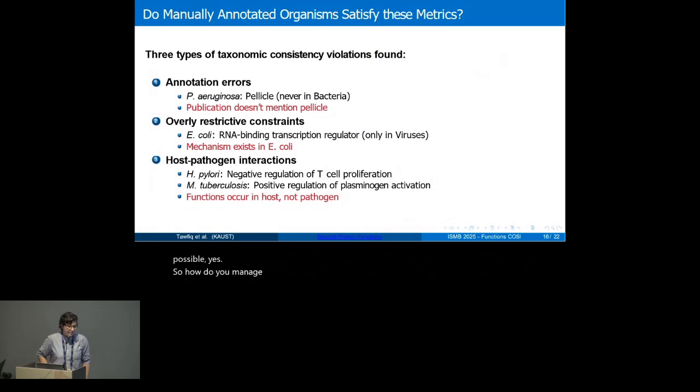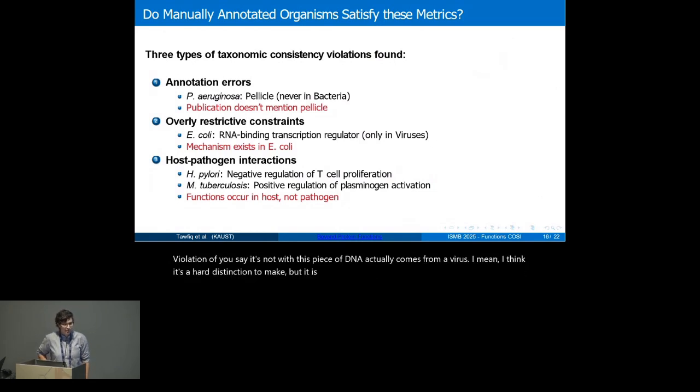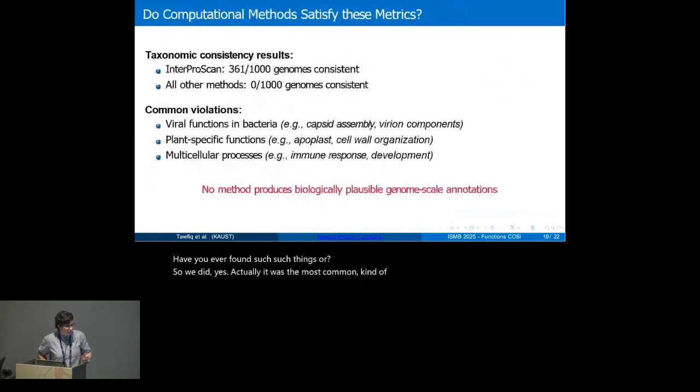Do you call it a taxonomic violation, or do you say it's normal because this piece of DNA actually comes from a virus? I think it's a hard distinction to make, but it is something that we should take into account. Have you ever found such things? Yes, actually, it was the most common kind of violation when we look at taxonomic violations. I understand. Thanks.